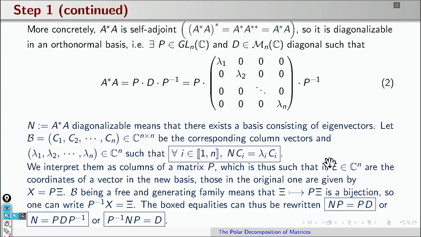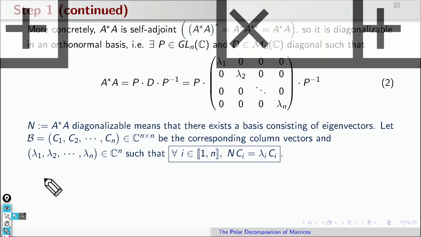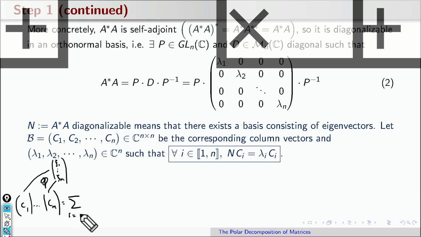Let us just detail this. Notice that if I apply P to a vector that I call Xi, it has components xi1 to xin, and the matrix P is column 1 to column n. This multiplication just gives the linear combination sum xi_i C_i.